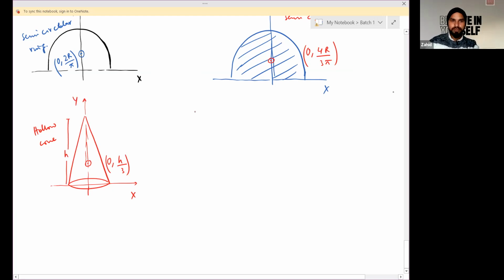Next, for a solid cone, draw a line that will be the positive y-axis.